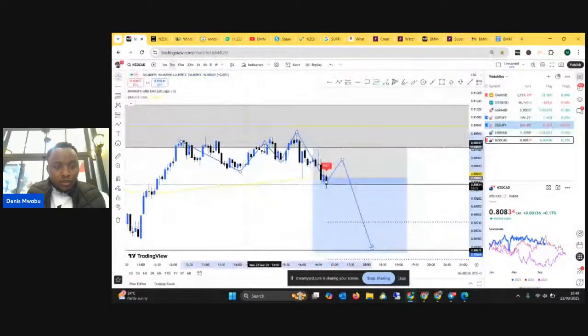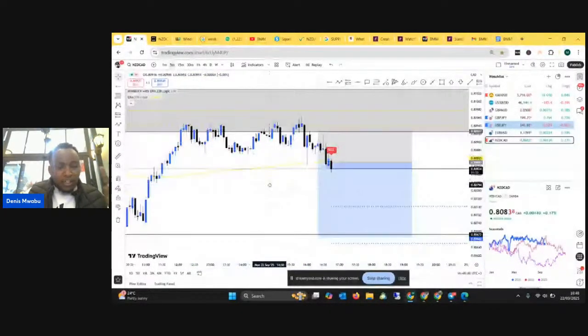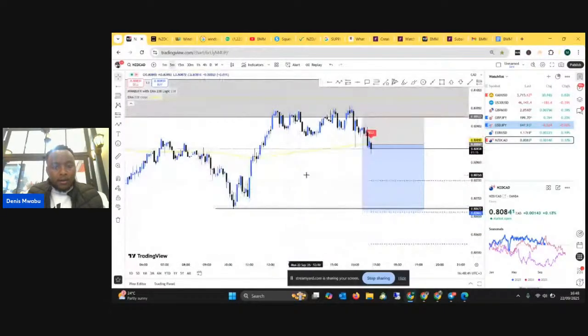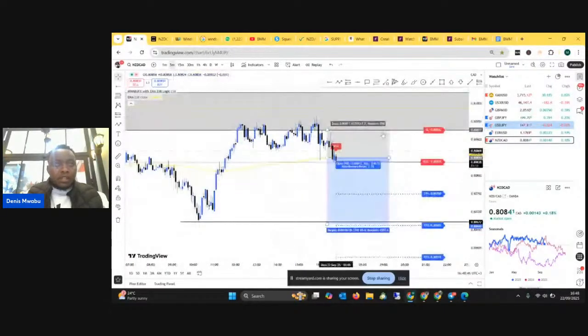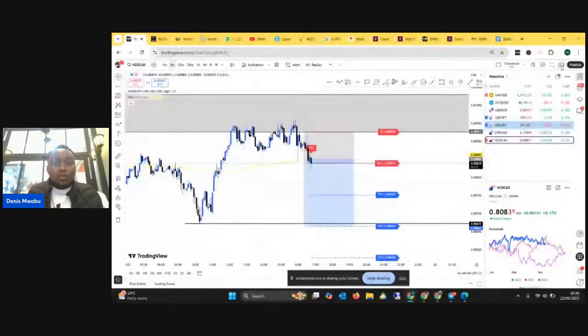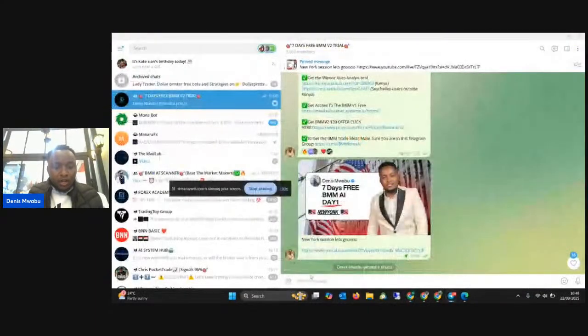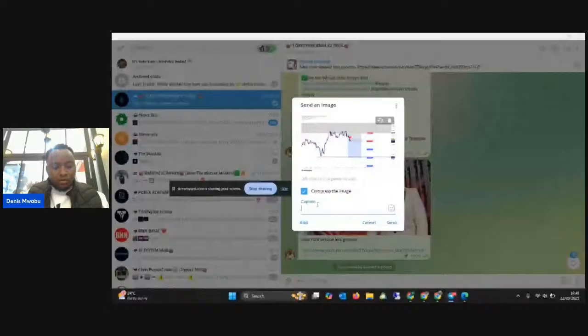What you'll realize is I have taken two trades, but I've taken them in two different trading accounts. NZD CAD sell, 5 minutes time frame.